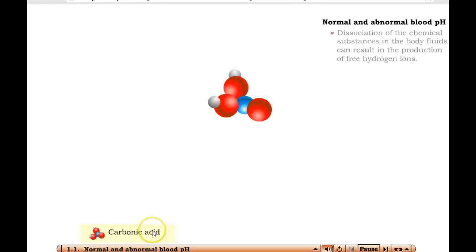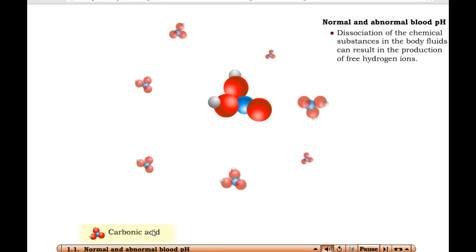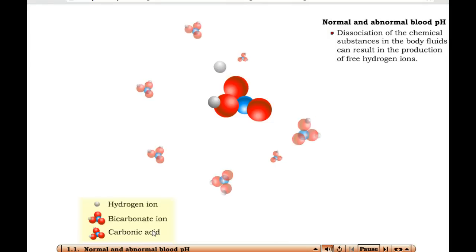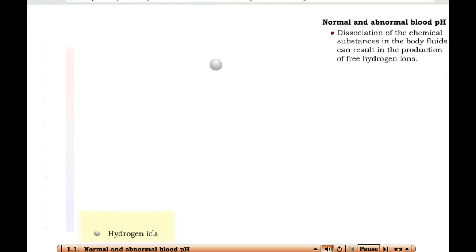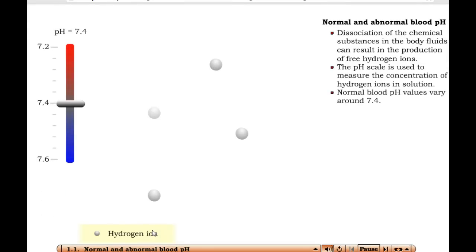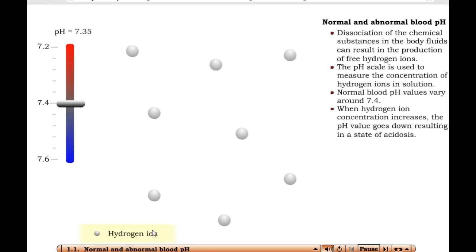Many chemical substances in body fluids dissociate and give rise to free hydrogen ions. The pH scale is used to measure the concentration of hydrogen ions in solution. The normal blood pH values vary around 7.4. When hydrogen ion concentration increases, the pH value decreases, resulting in a state of acidosis.